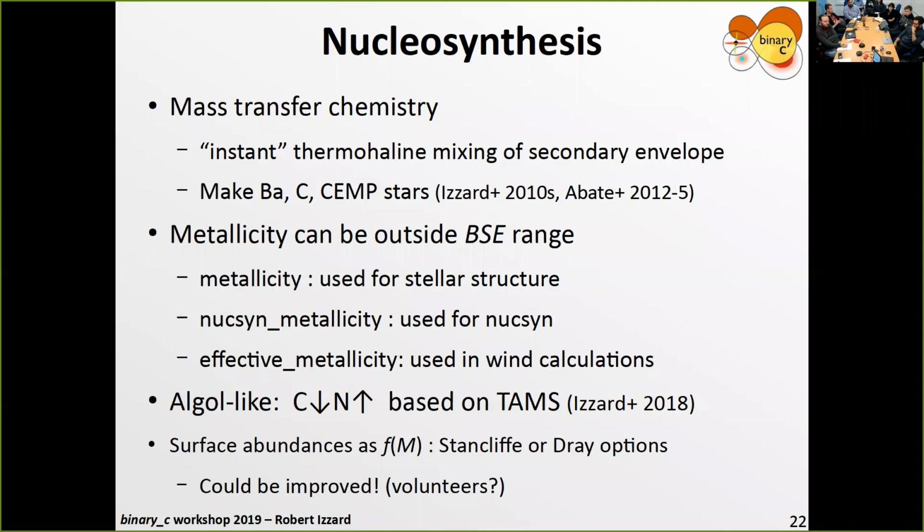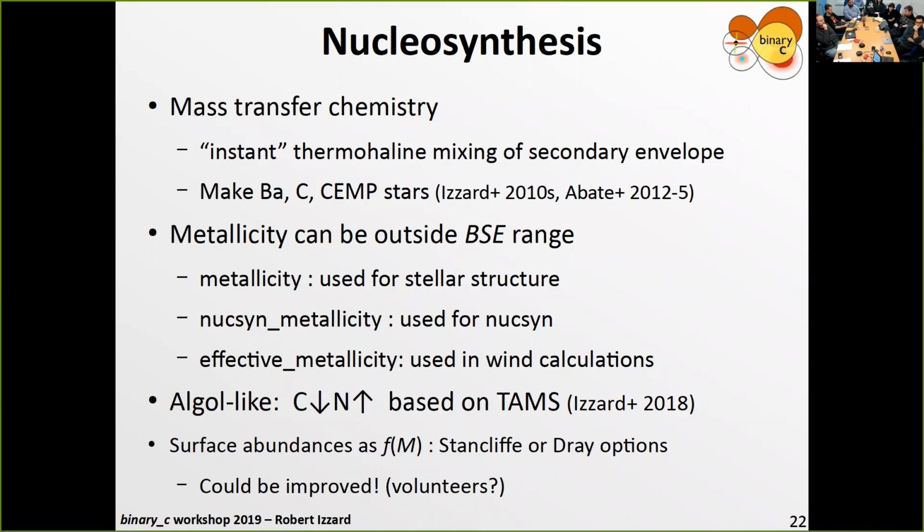Now, one thing that we have that could be improved are the surface abundances in massive stars, because massive stars have mass loss that's quite important, especially on the main sequence. The way we do this is we fit a set of models that Richard Stancliffe gave us. There are fitting functions to Lynnette Dray's models, which are 20 years old as well.